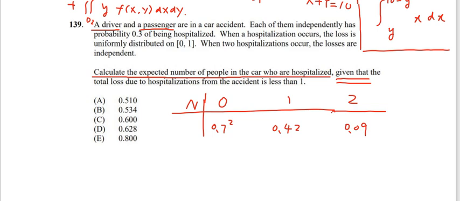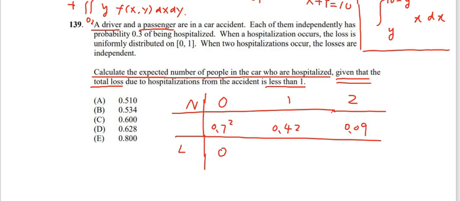So then we need to check a condition. The condition is total loss is less than 1. So we just check it. With no one injured, the total loss is 0, which is less than 1. What is total loss?